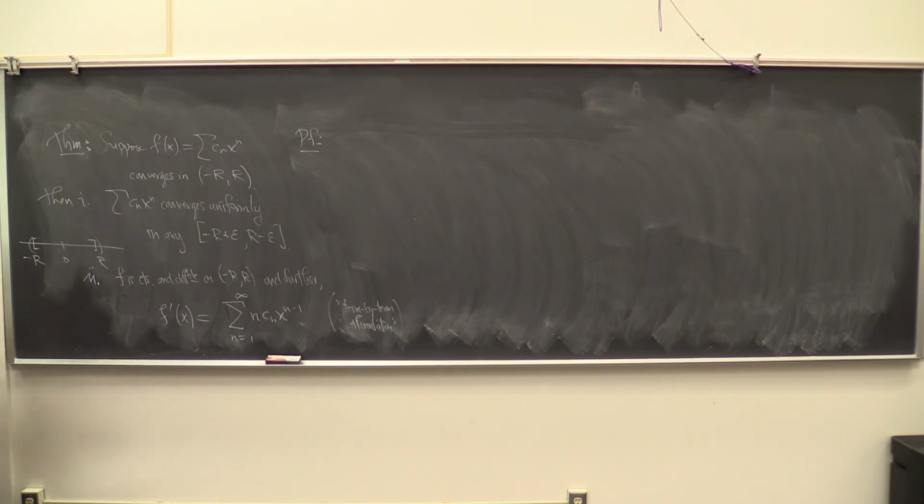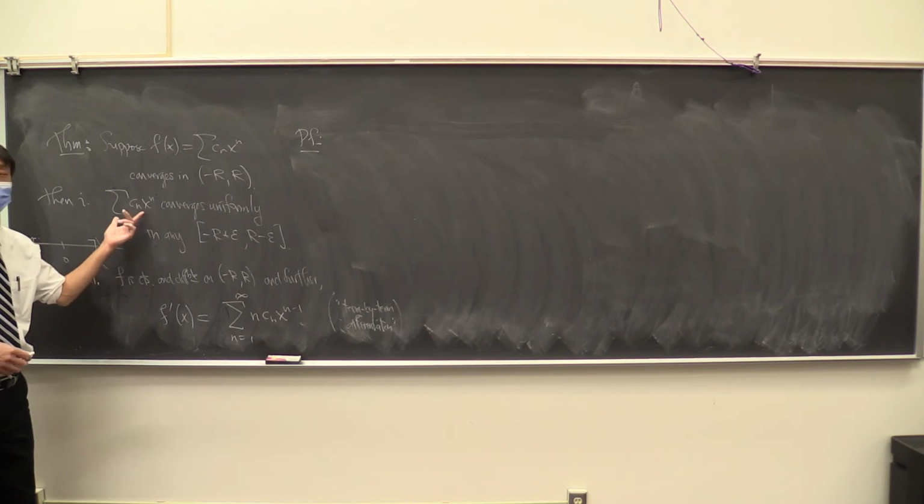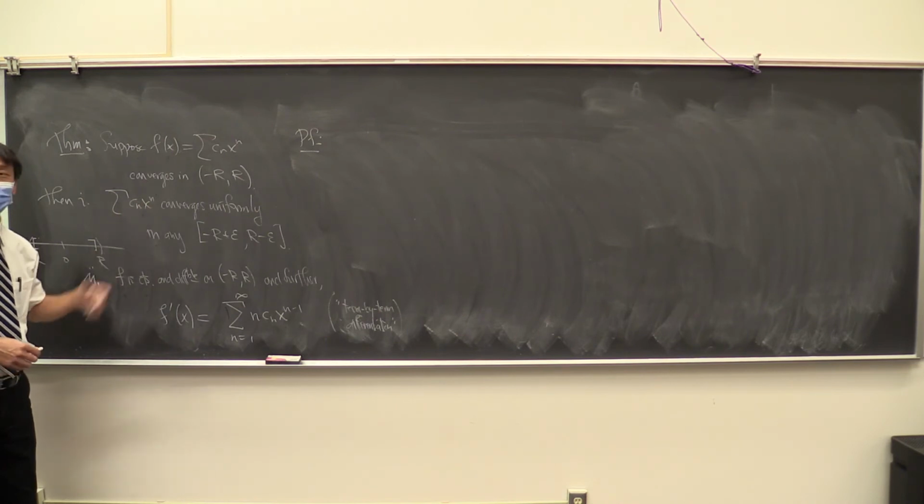Okay, so let's get to it. It's not hard using the tools that we've created over the last couple of weeks in chapter 7. First part, we want to see that this thing converges uniformly in any closed interval [-R+epsilon, R-epsilon]. Does anybody want to guess what tool we're going to use to show uniform convergence of this series?